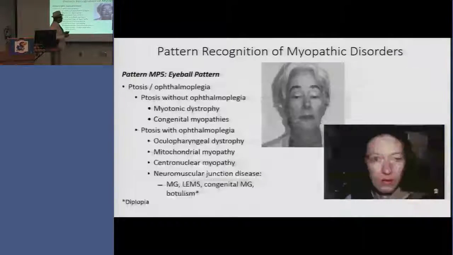Pattern 5 I call the eyeball pattern. This is various combinations of ptosis and ophthalmoplegia. If there's ptosis without ophthalmoplegia, myopathies that can do this include myotonic dystrophy and the congenital myopathies.